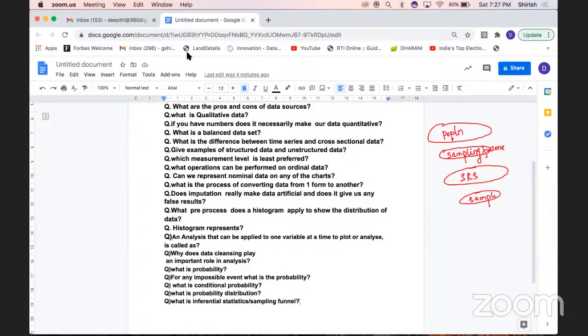Now, when we just understood what inferential statistics is, then what is descriptive statistics? Is there any difference between them? Descriptive statistics and inferential statistics, how do you differentiate?